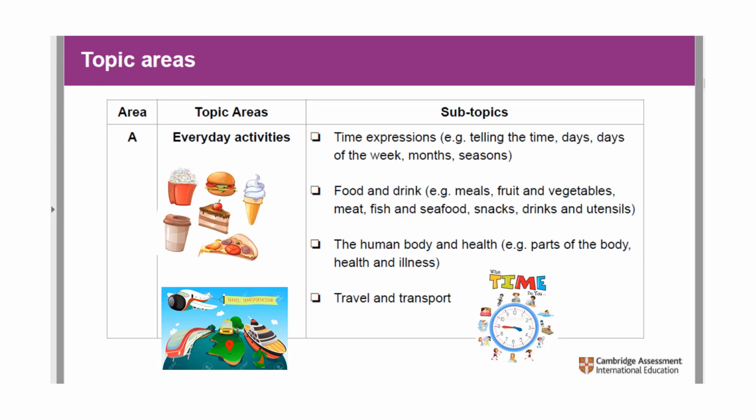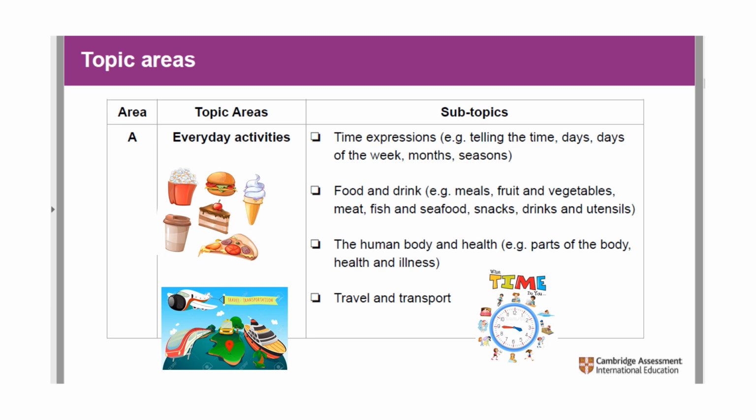So let's look at the 5 topics that I've mentioned earlier, starting with topic area A, which is everyday activities. Now we have time expressions, food and drinks, human body and health, travel and transport. It doesn't look that difficult, right?